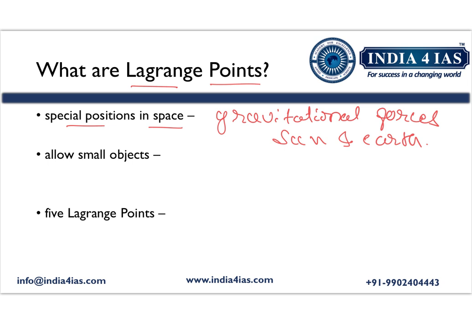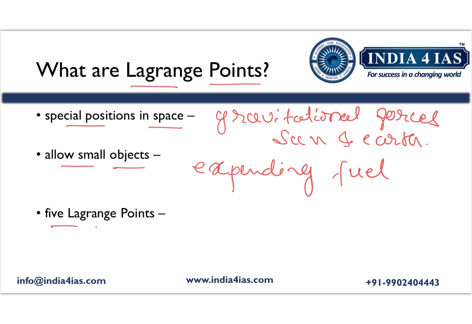The advantage of these positions is that they allow small objects like satellites to remain in a stable position without expending significant fuel to maintain their orbits. So there is not much energy required to remain in the orbits.